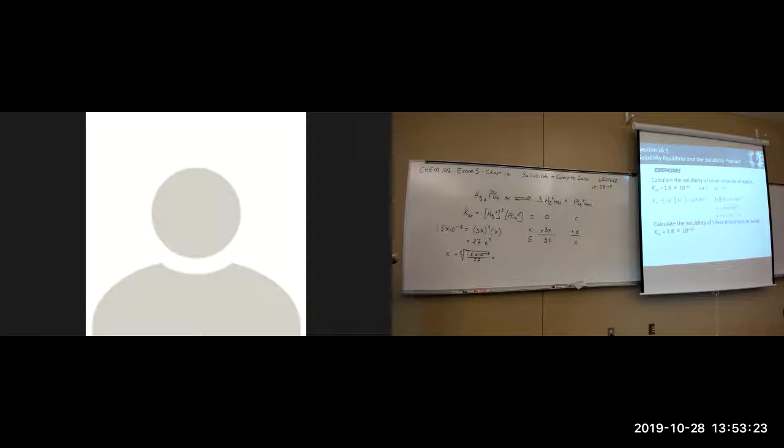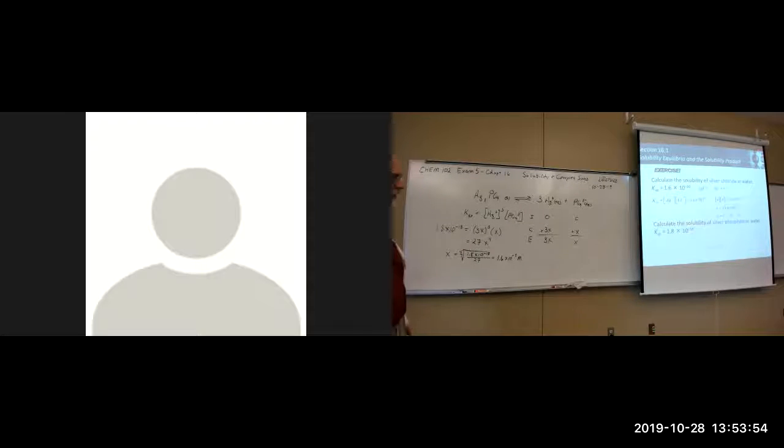Change the sign, 27 divide, and then the 4th root. So let's say, in my calculator, I have to do, oh, there it is. So I get 1.6 times 10 to the minus 5 molar is the solubility of silver phosphate.